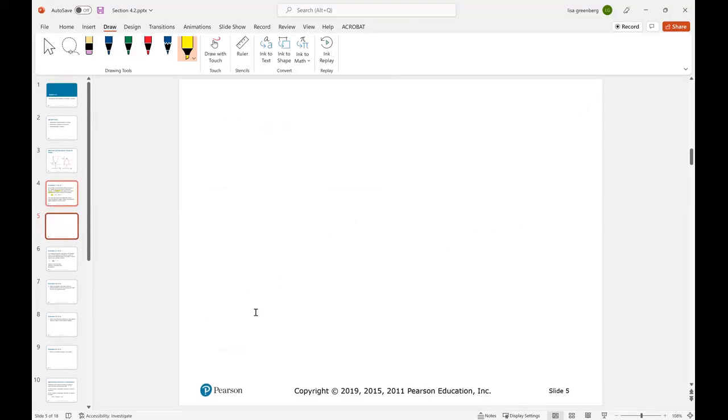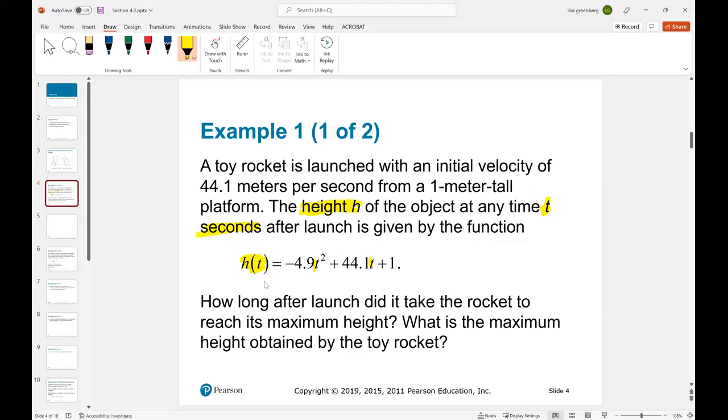Okay, so the first question is, how long after launch did it take the rocket to reach its maximum height? Well, that is our t, right? T is time. So when it says how long, basically we're wanting to find out what t is when the rocket reaches its maximum height. And when will the rocket reach its maximum height? Well, I don't know, but I know it's at the vertex, right?